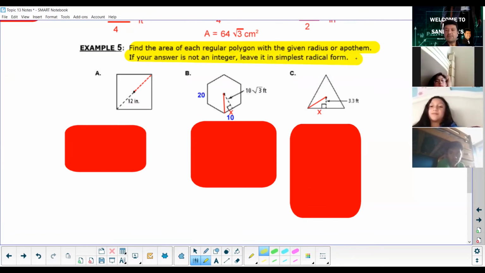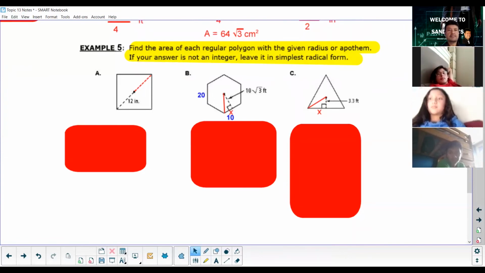All right, so Celeste, how would I solve A? What is the hardest thing when you're looking at A that keeps you from solving it? Well, you need a perimeter, right?